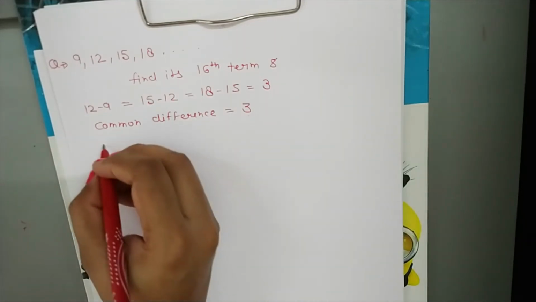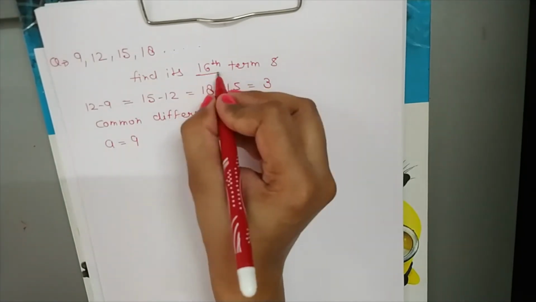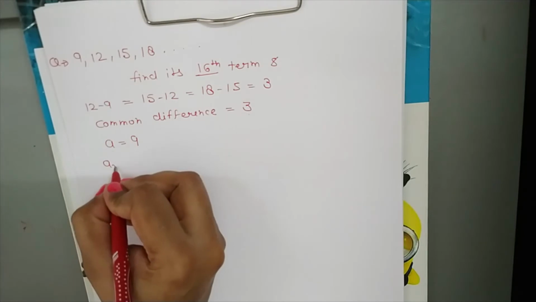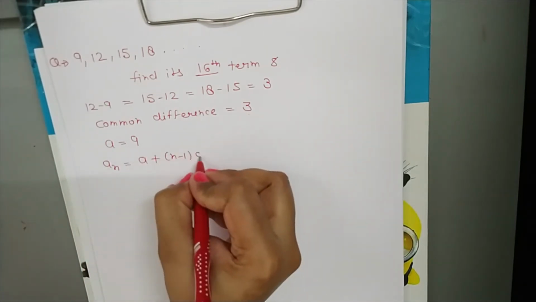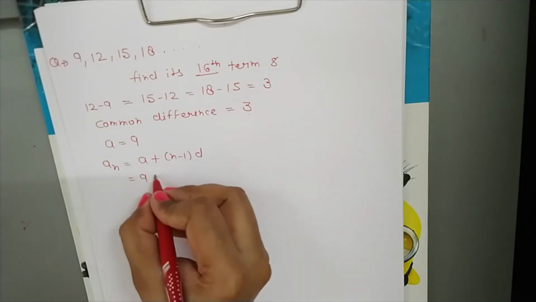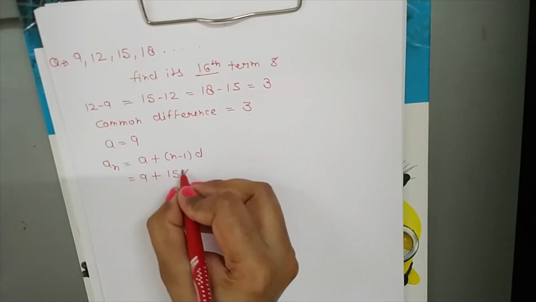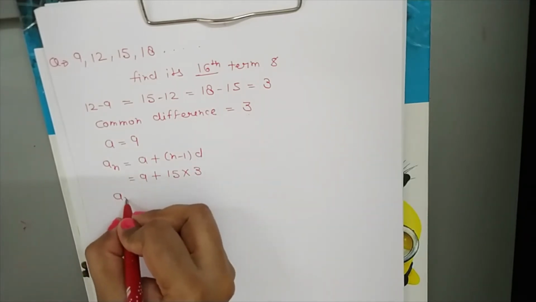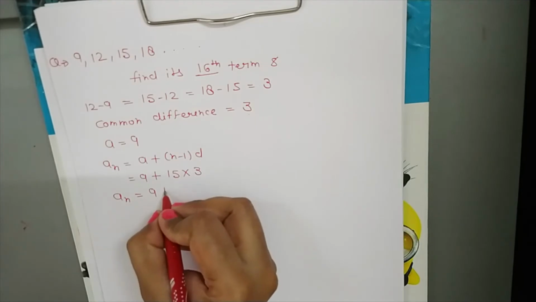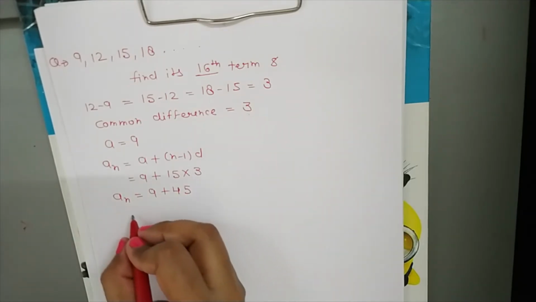Now the first term a is 9. We have to find the 16th term. We know that an = a + (n - 1)d. So a is 9 plus (16 - 1), that is 15 into d, which is 3. So it will be 54.